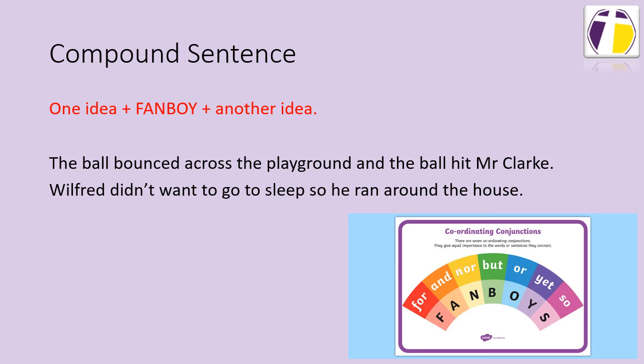We have a compound sentence. A compound sentence has one idea linked with a FANBOYS conjunction and finally has another idea. You see two examples on the screen. The ball bounced across the playground and hit Mr. Clark.